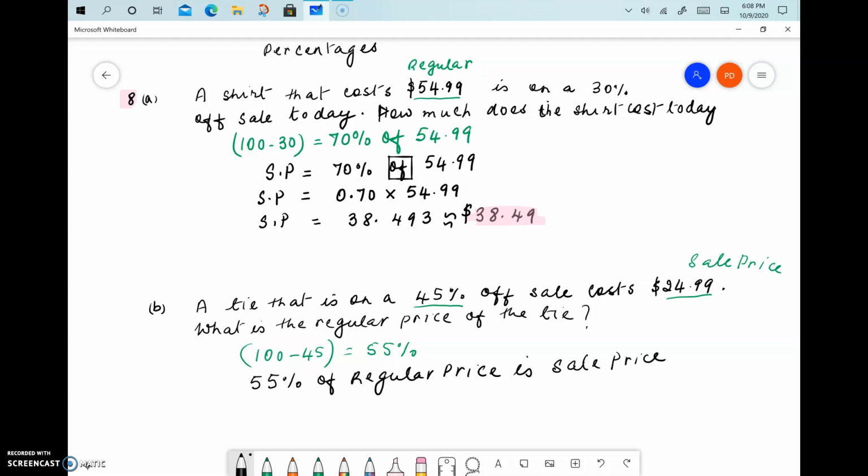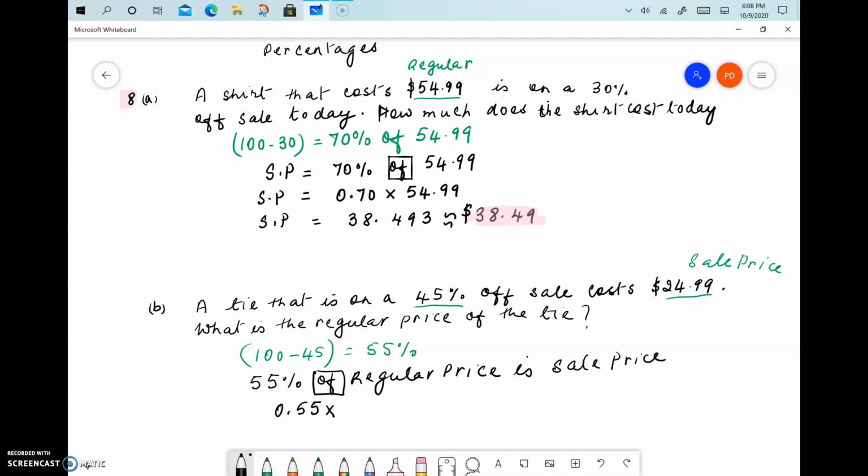So let's convert this sentence into an equation. So 0.55 of a percent of the whole would be 0.55, that's the percent in the decimal form, times the regular price.